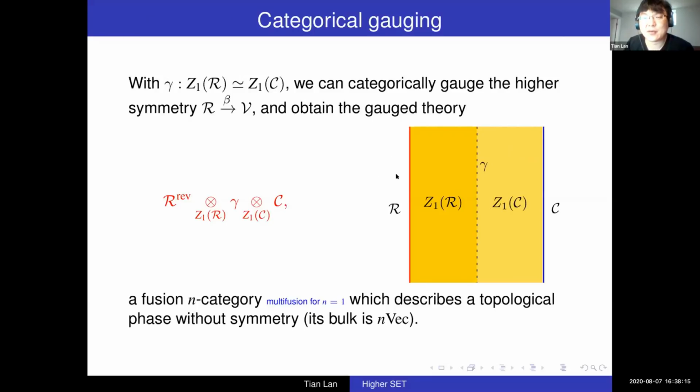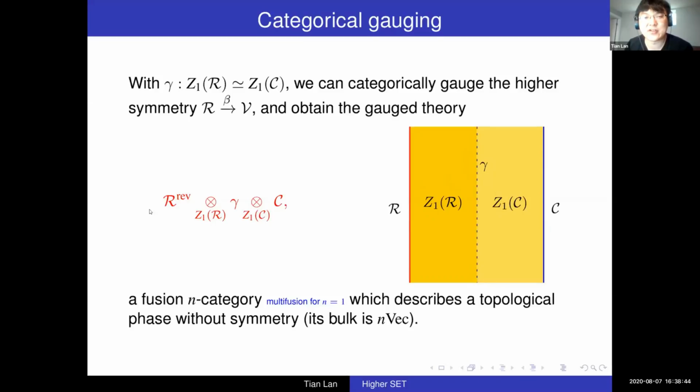What we really do is just put R and V together and glue them through their common bulk. But we do need this gamma functor as an intermediate, a transparent domain wall here. And we just put them together and squeeze this sandwich. We get something in the same dimension as R and C.